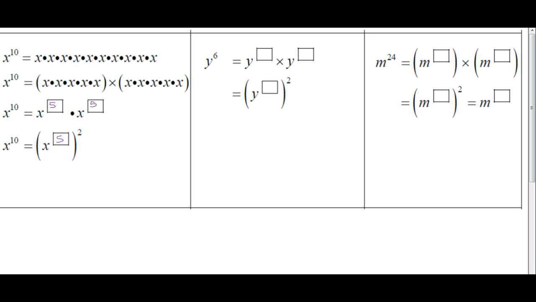Really all you're doing is taking half the power if it's even. y to the 6th can be written as y cubed times y cubed, or y cubed squared. Again, you're taking half the power, that's the cubed, and squaring it. m to the 24th, half of 24 is 12. So it's m to the 12th squared, which will be m to the 24th, right?